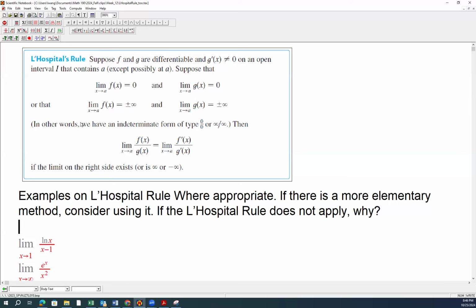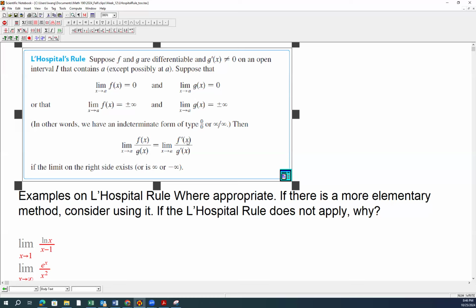So let's first review what is the content of L'Hopital rule. L'Hopital rule basically says if we take limits of a function in quotient form, f divided by g, then the limit of this quotient is equal to the limit of the quotient of their respective derivatives.